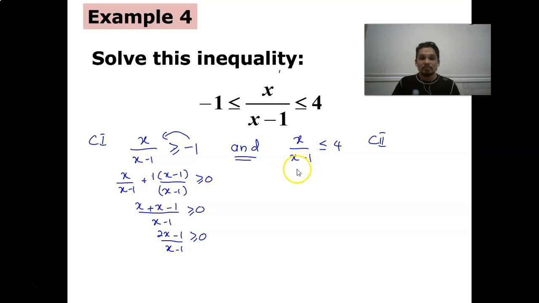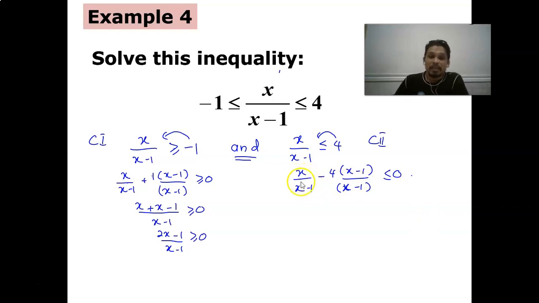What about this one here now? Bring this 4 to the left side. Then we get x divided by x minus 1, positive 4 brought here becomes negative: minus 4 times x minus 1 divided by x minus 1, less than or equal to 0.